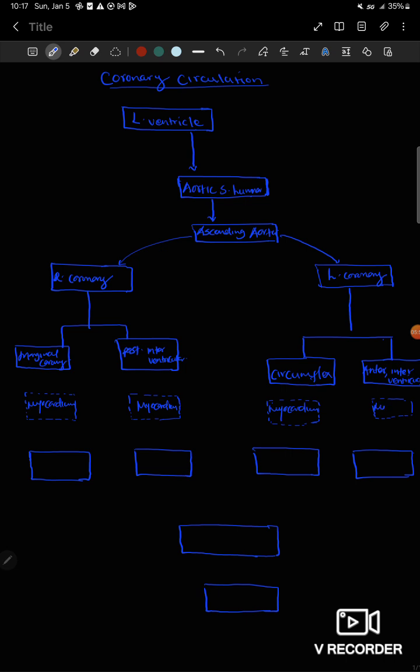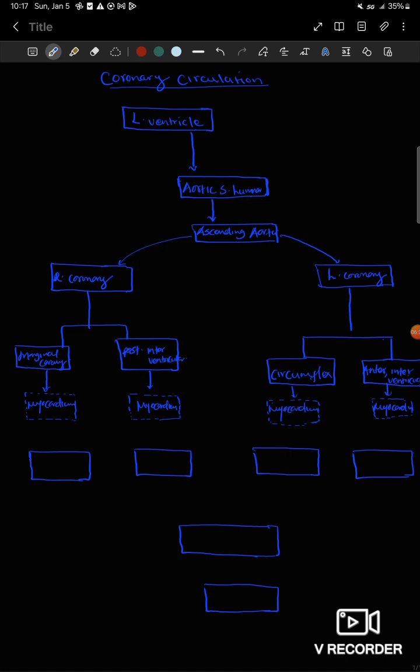The marginal artery is applied to the right side of the heart, and the posterior interventricular supplies the posterior side of the heart. The circumflex supplies the left side and the posterior side of the heart, and the anterior interventricular supplies the anterior side of the heart, into those muscles.